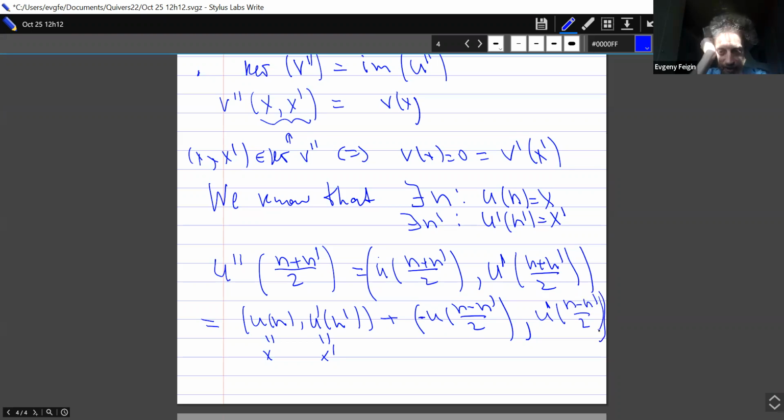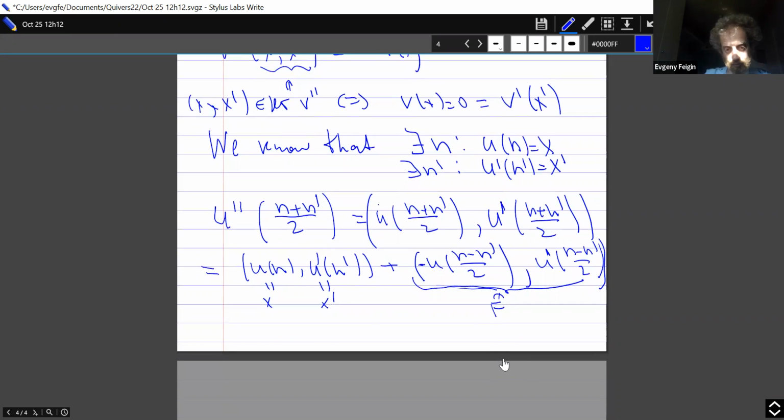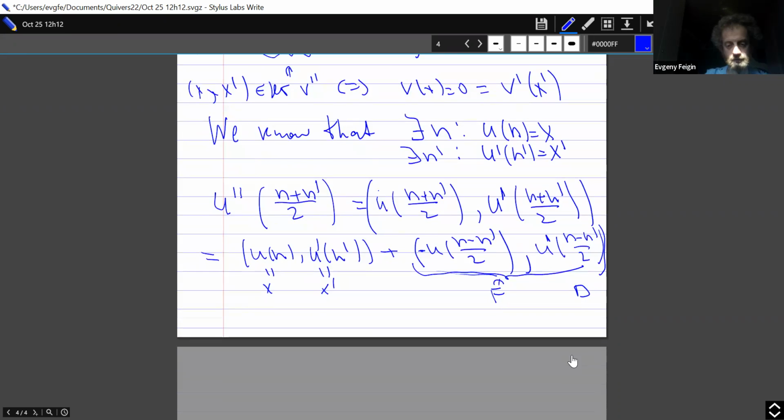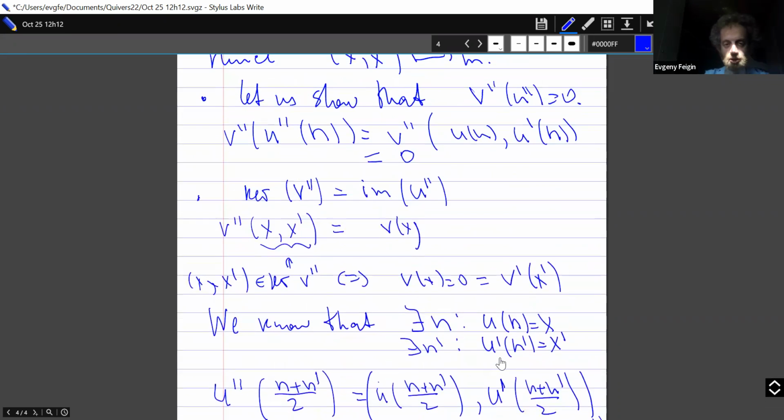So I hope this is correct now. Is it? I think it is, right? And this is an element in F. Okay. And then we are done. So any questions about the construction?